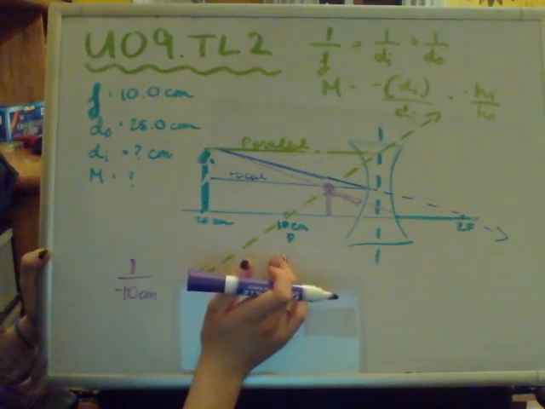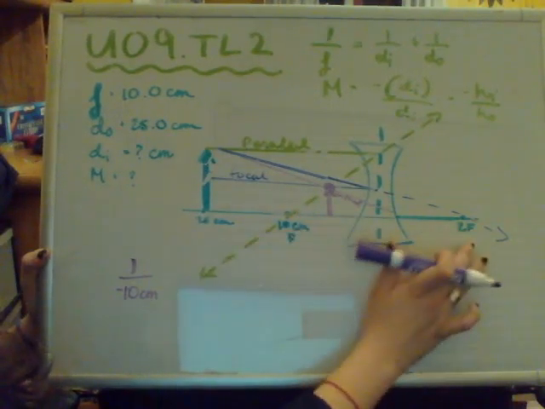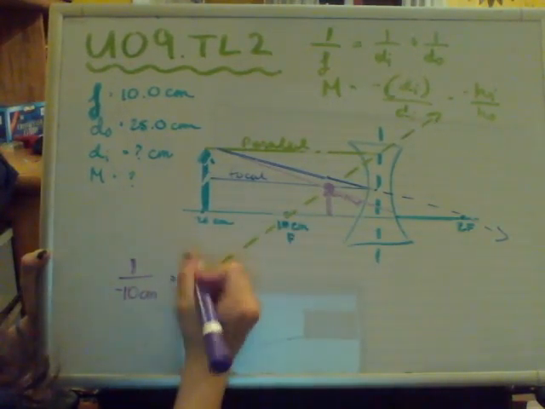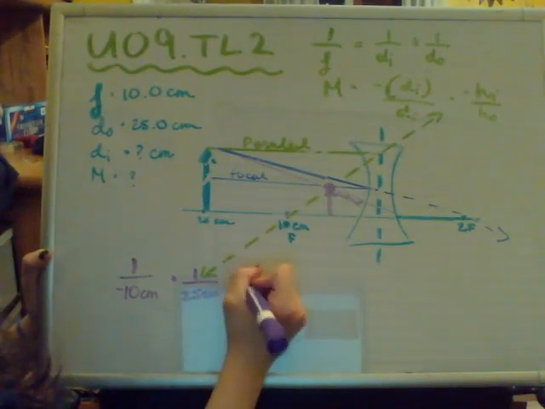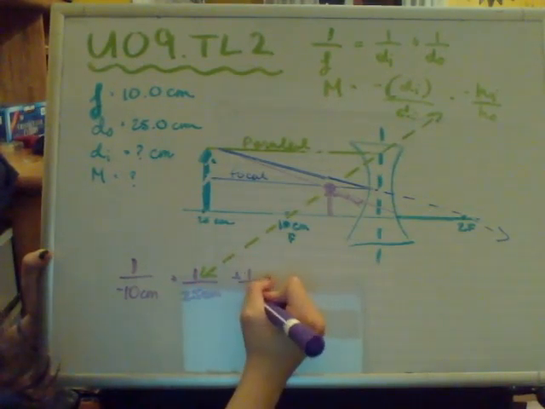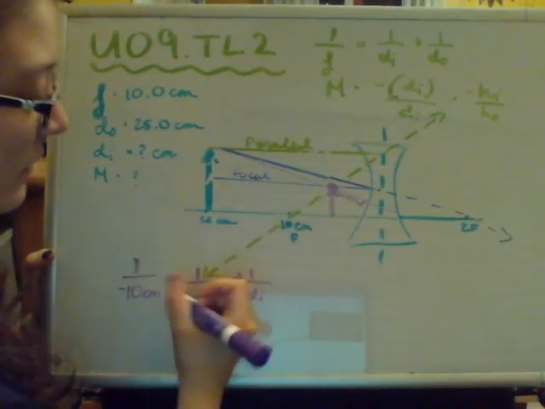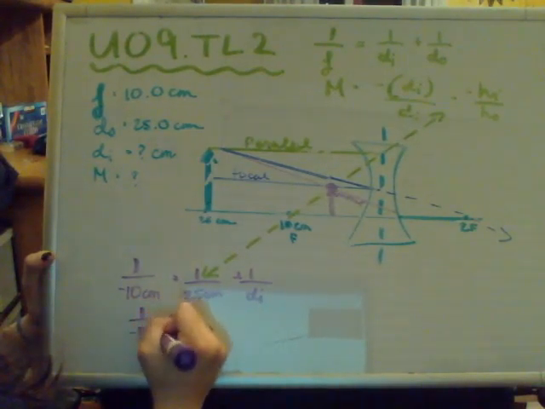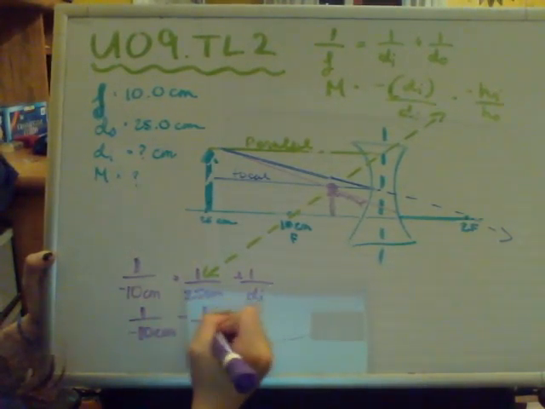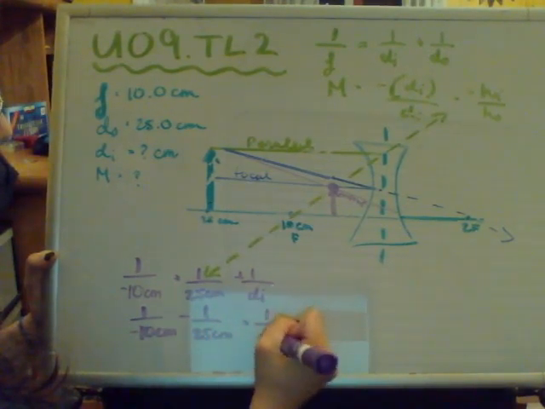The focal length is going to be negative because we have the 2f over here, equals 1 over 25 centimeters plus 1 over di, which is the distance of the image, which we're not sure about yet. So you move this over here, so it's 1 over negative 10 centimeters minus 1 over 25 centimeters equals 1 over the distance of the image.